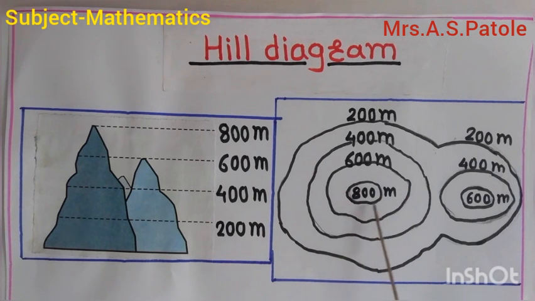The curved lines show their different heights in different parts. For example, the curved line of 800 meter shows the height of 800 meter. In geography, such diagrams are used to show mountains on maps. Thank you.